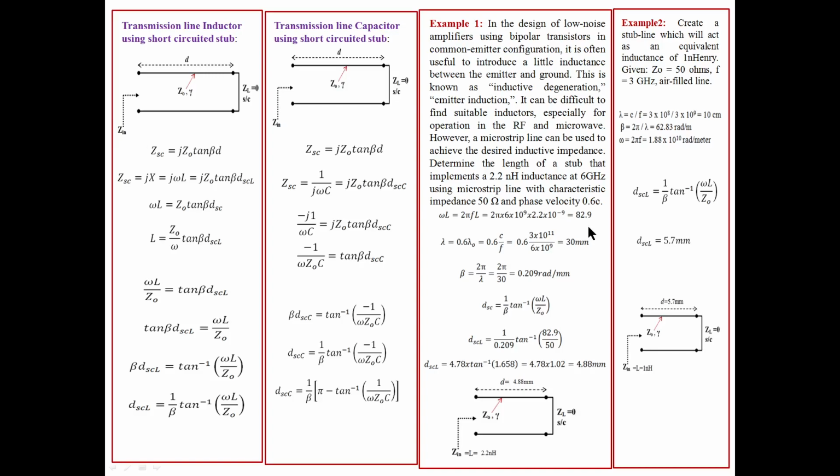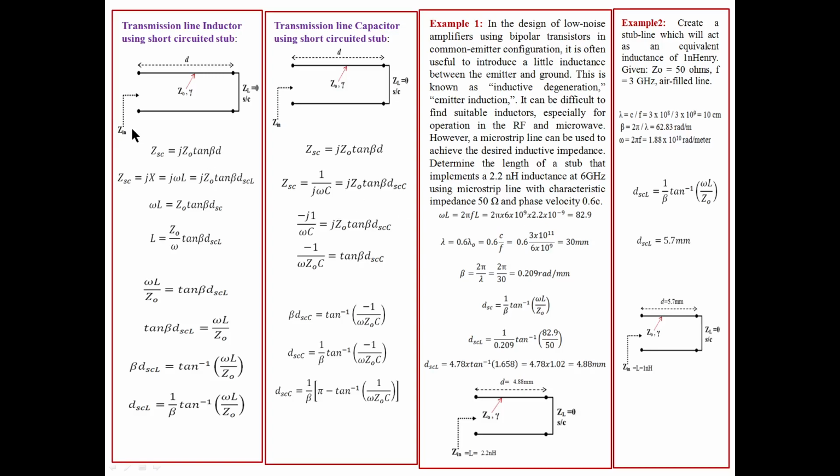Using the equation you can do it, but here we use the Smith chart to get the distance. I want an inductor of 2.2 nanohenry at 6 gigahertz.